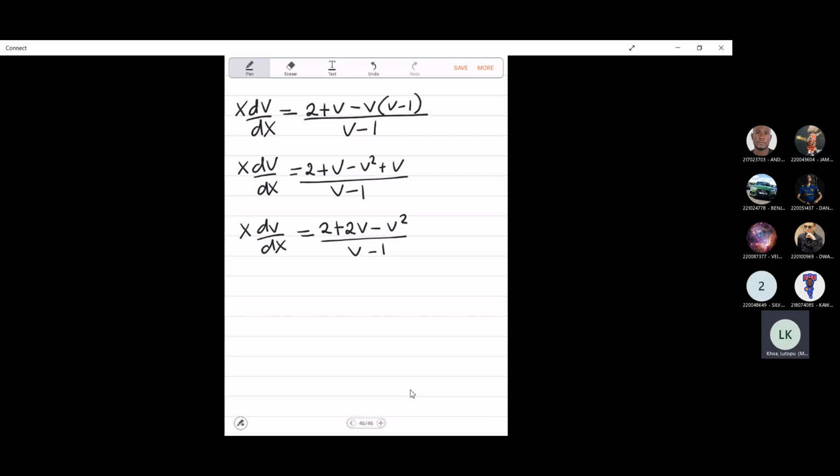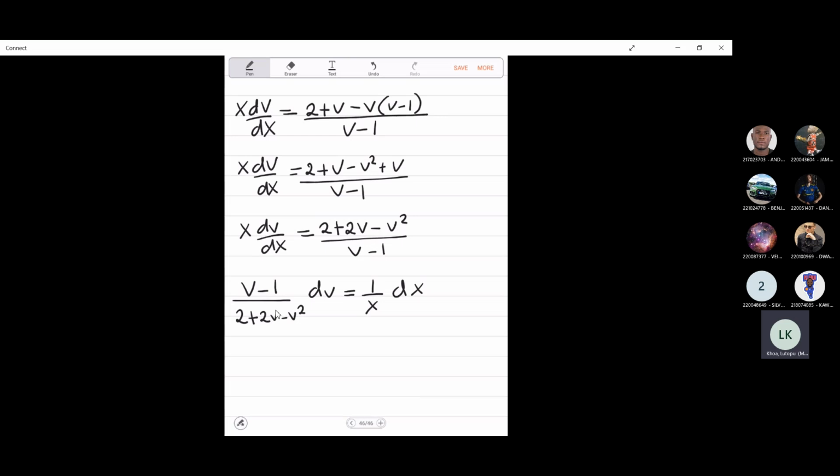So this leaves us with v minus 1 over 2 plus 2v minus v squared dv. And this is equal to 1 over x dx.